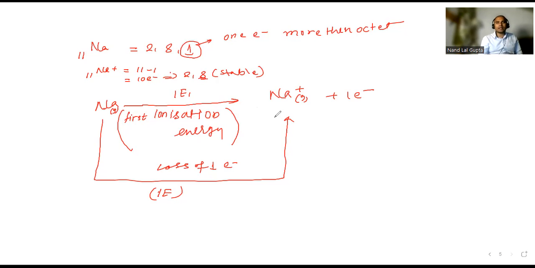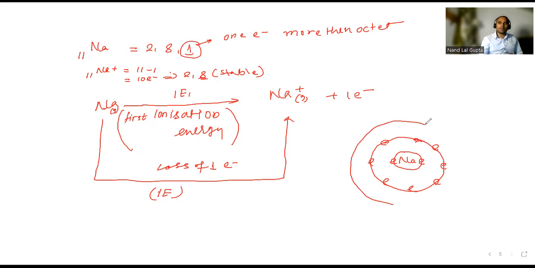To remove one electron, you supply the energy. How? See here, sodium: the first shell has 2 electrons, another shell has 8 electrons, and the last shell has 1 electron.